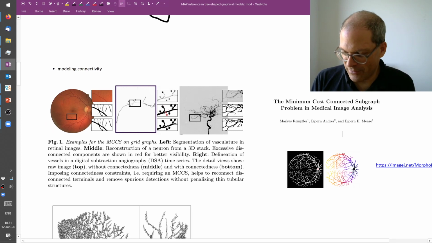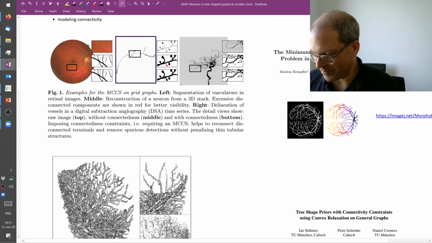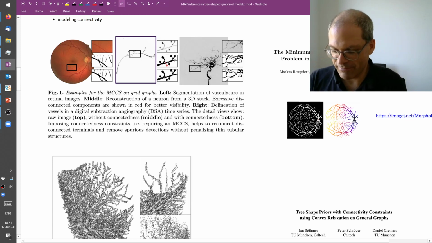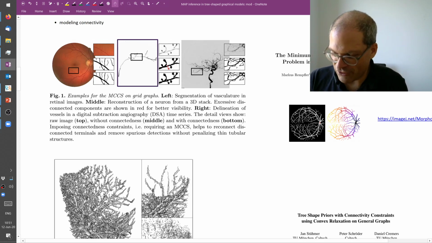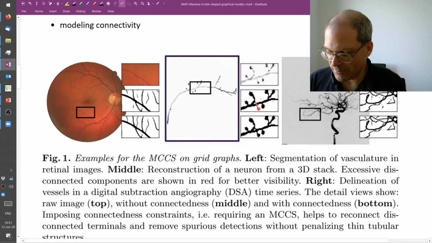And they developed an exact solver for the problem, but found that the tree-based heuristic proposed in this 2013 paper from the Kremers lab actually worked very well. I'm showing it here because they tried this out on a variety of problems.